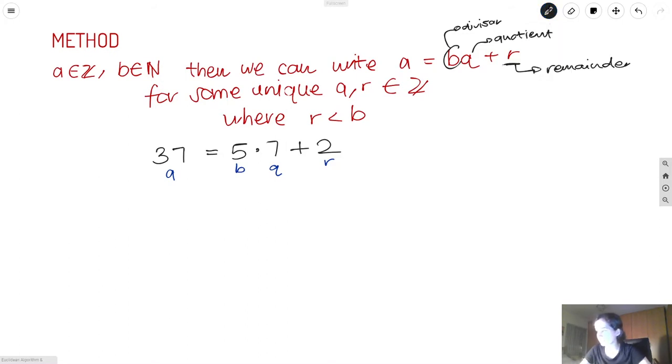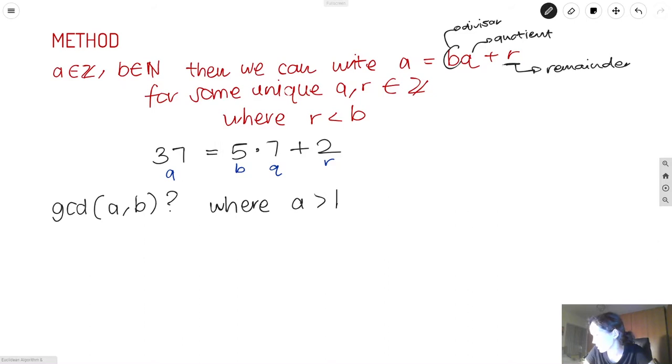Okay, so we're going to remember this. What we want to do now for the Euclidean algorithm is find the GCD of a and b, where a is bigger than b. So we write a is equal to b q1 plus r1.